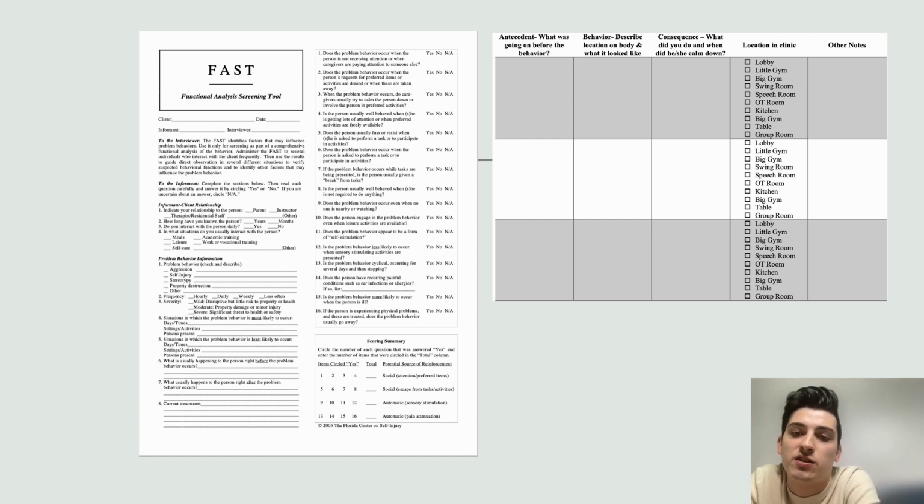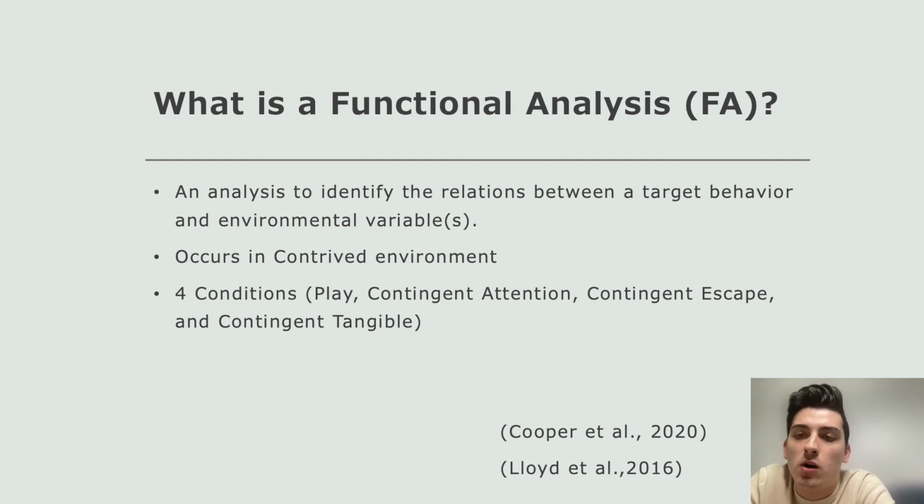ABC data is considered a direct observation method because it requires the assessor to observe the behavior occurring and then write down the information that will later be analyzed by the BCBA. Next, we are going to talk about what is a functional analysis, or FA.